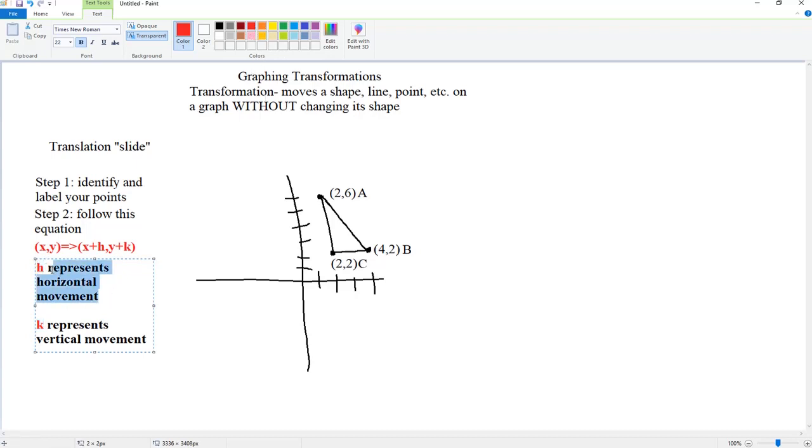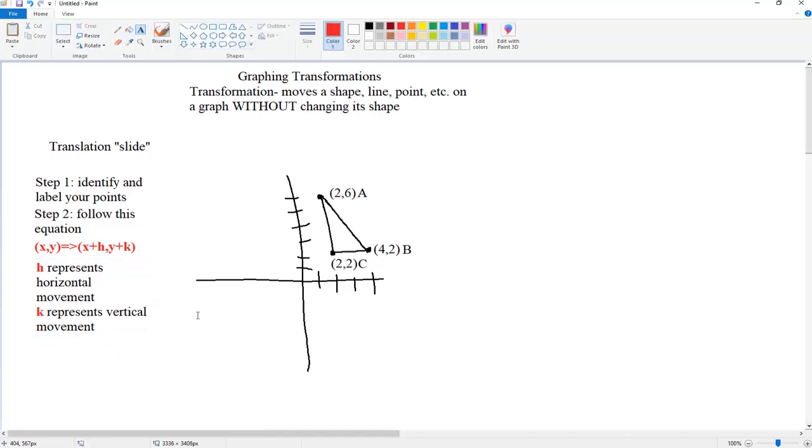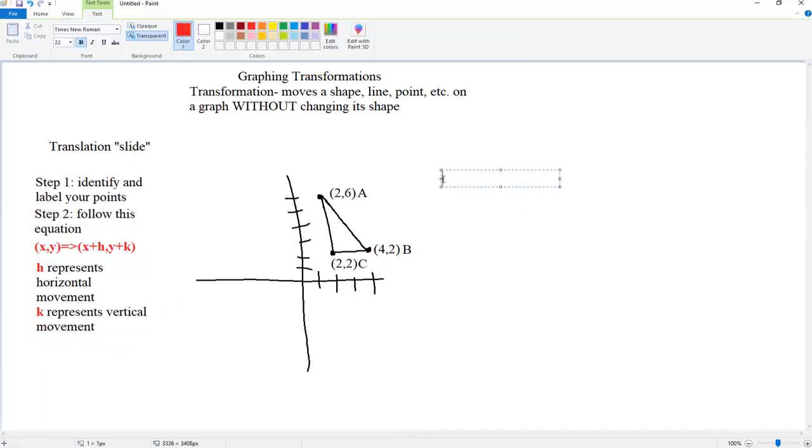Let's not bold these. Okay, cool. So let's say that I wanted to move this 3 units up and 2 units down.